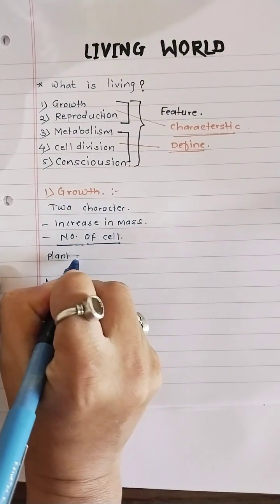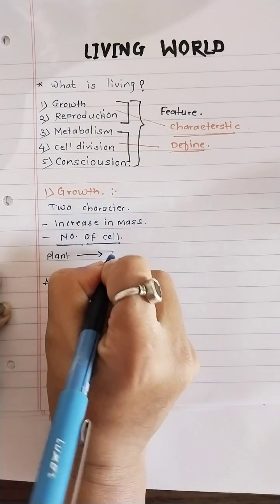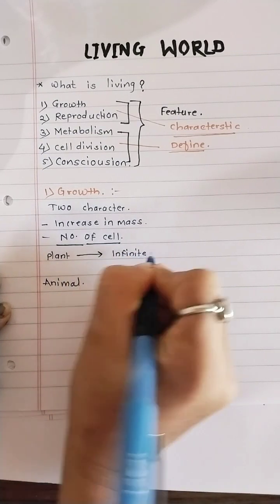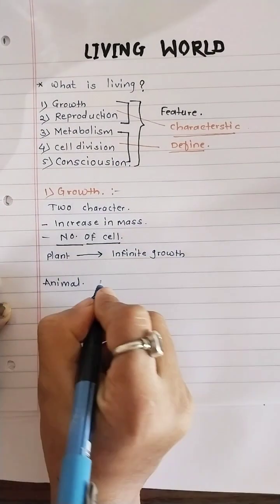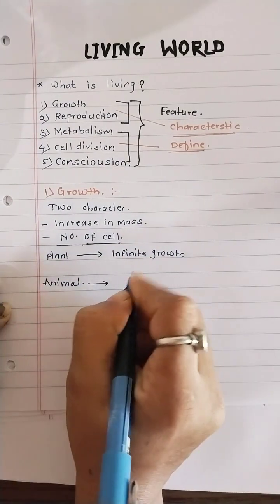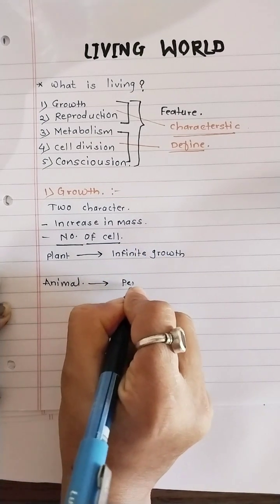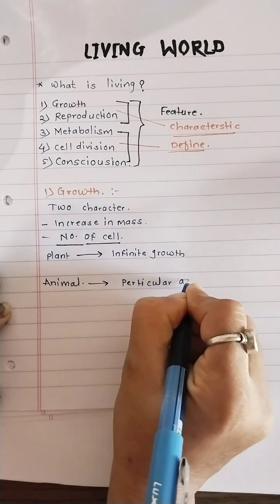In the case of plants, growth is infinite. But in animals, growth is found only up to a particular age.